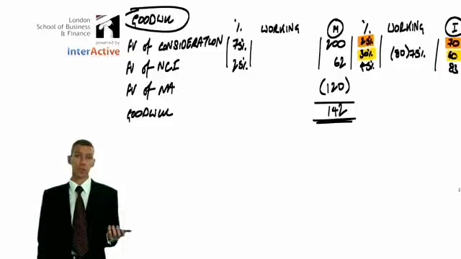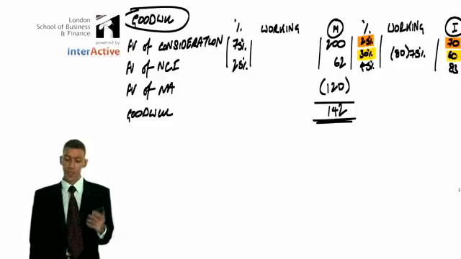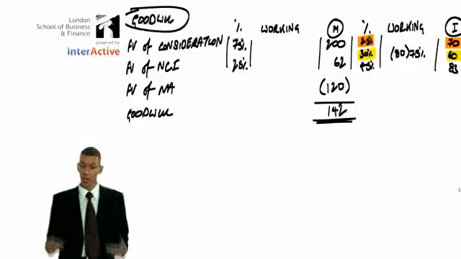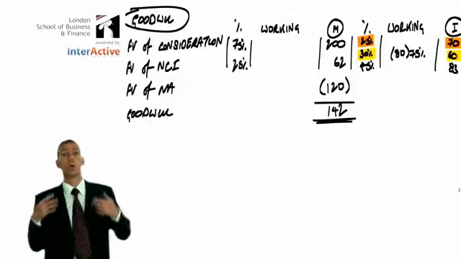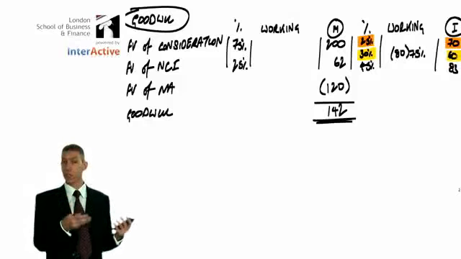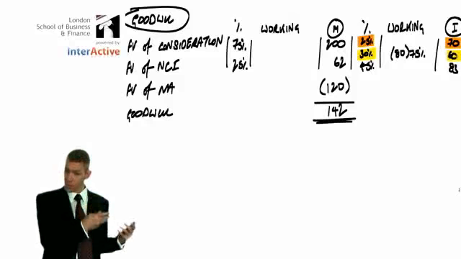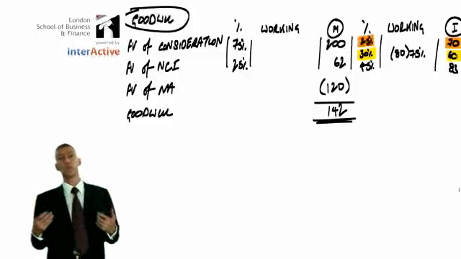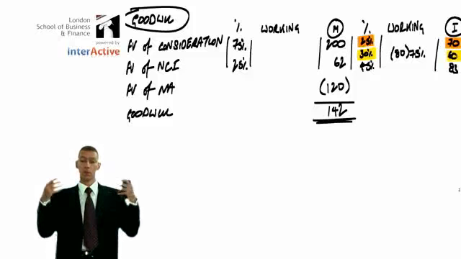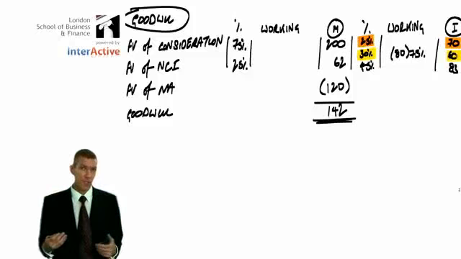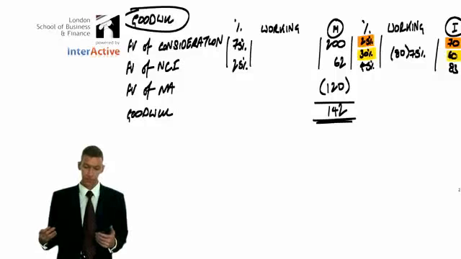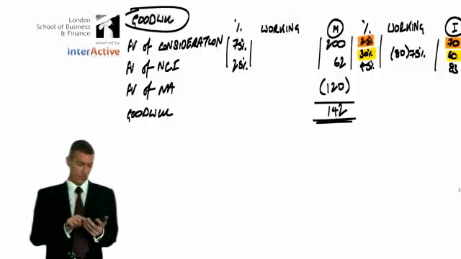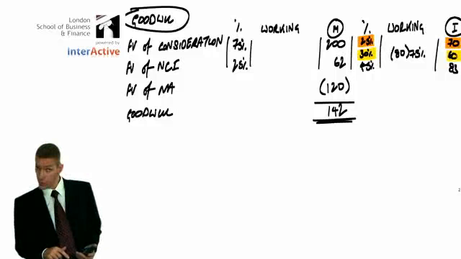So, cutting a long story short, how much do we own in I? Well, we own 55%. And how much did it cost us? It cost us 130. The 25% cost us 70, and the 30% cost us 60. 70 plus 60 gives us 130, so 55% is worth 130, 45% is worth 83, so the whole business is worth 213.